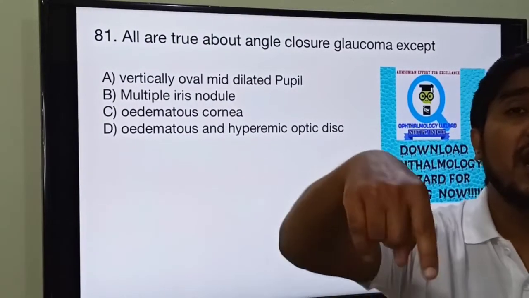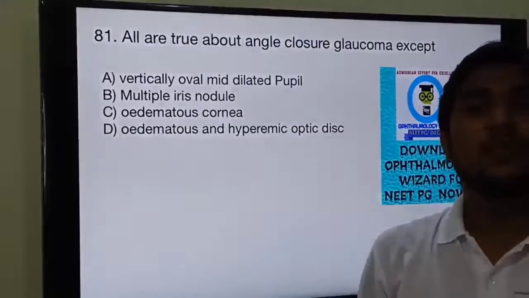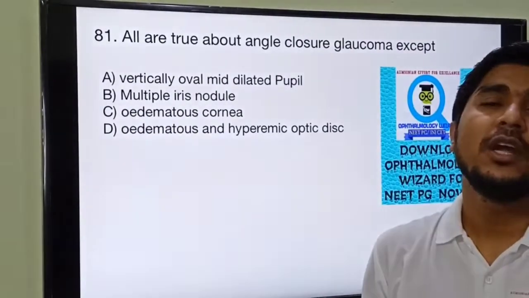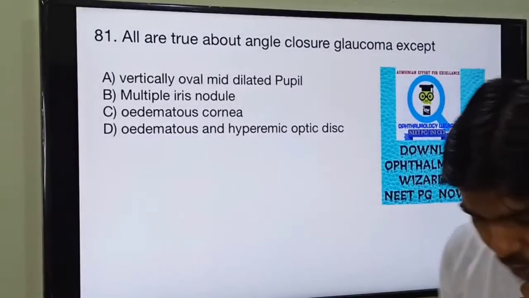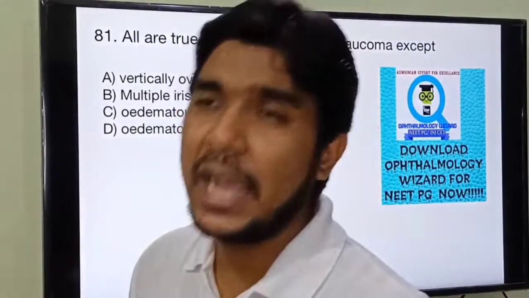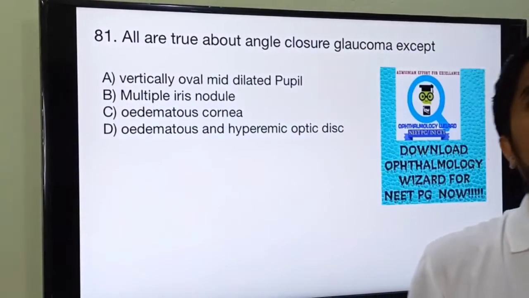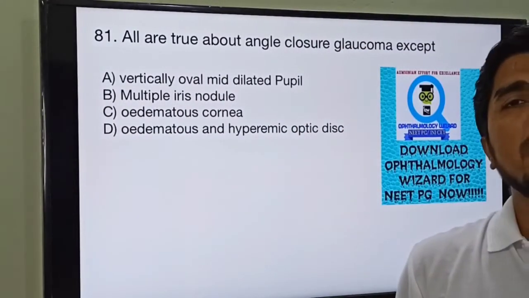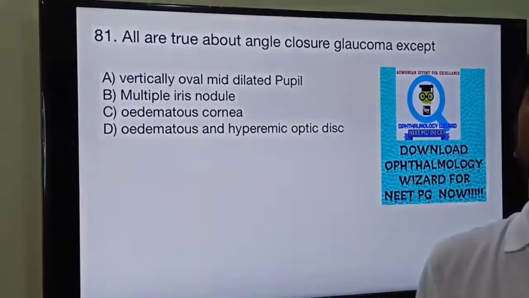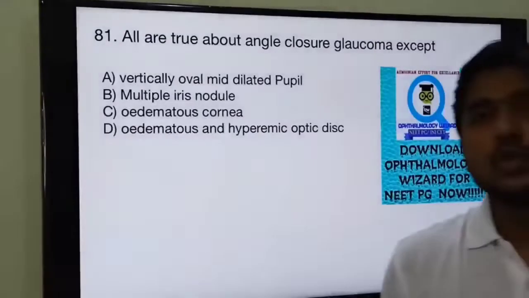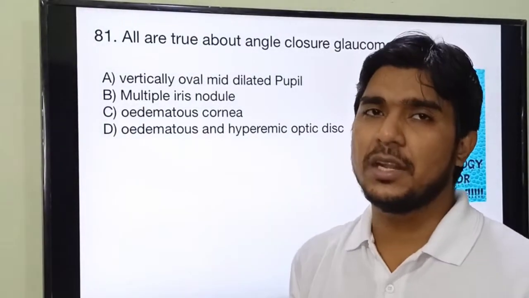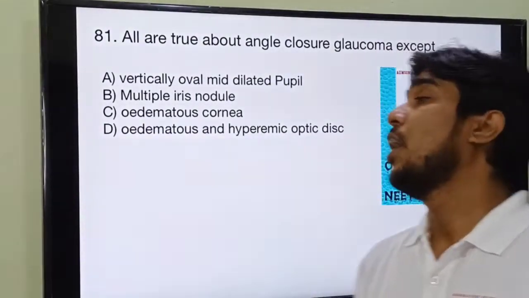That's why you see colored halos because of the edema, and you have to differentiate it from conjunctivitis. So what test do you do? Stenopaic slit test to differentiate it. This is very important.